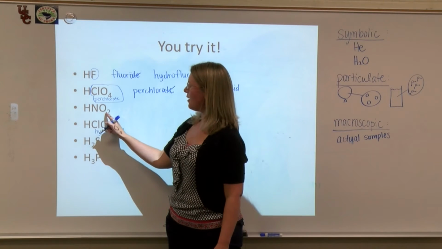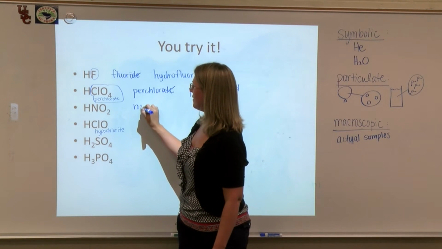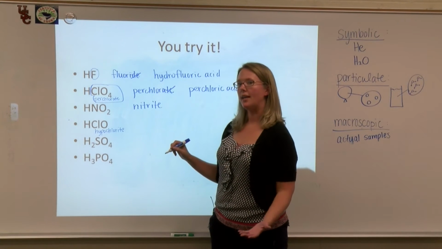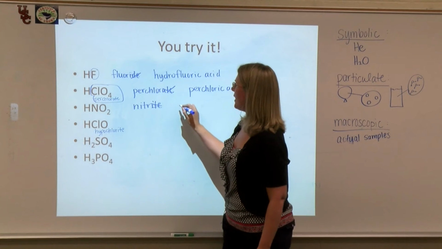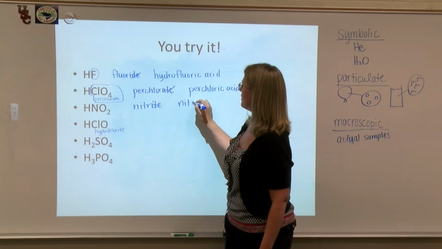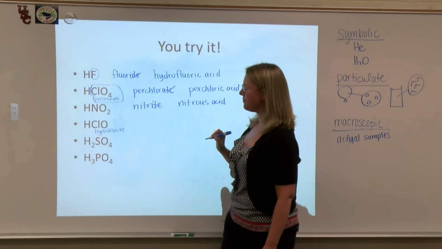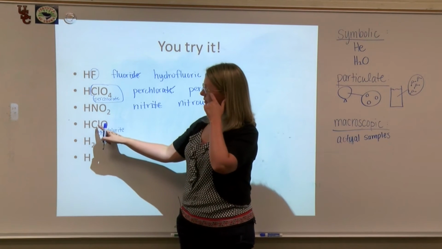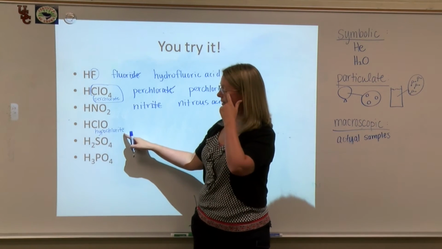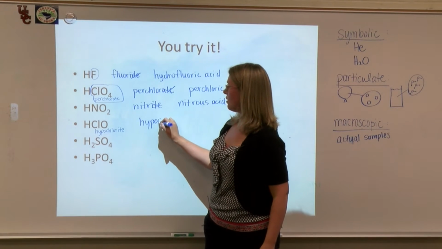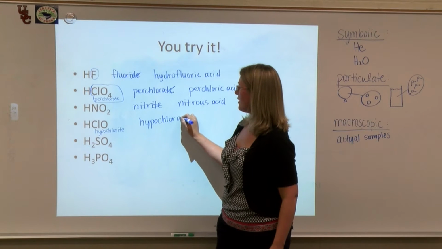Last one, the NO2 is called nitrite. And remember the rule for ite. I'm going to drop the ite, and it becomes nitrous acid. All right. So we'll go a little faster here. ClO, hypochlorite. Drop the ite, so this becomes hypochlorous acid.